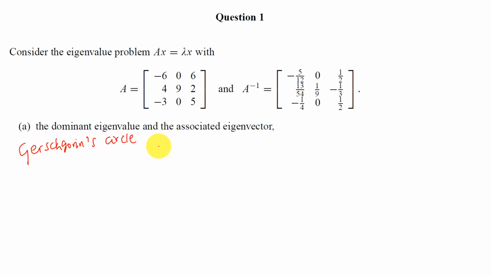So these Gershgorin circle theorems, there are two of them we shall learn. These circle theorems are formulated as follows. But first, we shall look at theorem one.